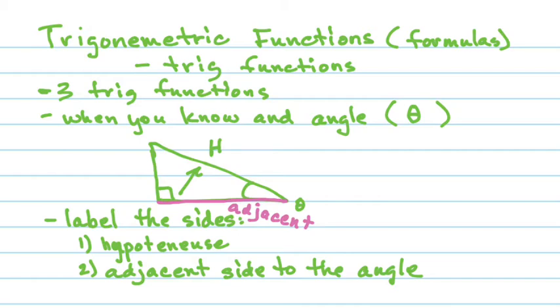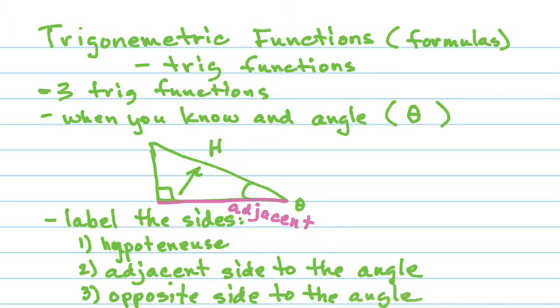Adjacent just means next to. And then finally, we need to find the opposite side, which is opposite the angle theta, this side. So we have hypotenuse, adjacent, and opposite.